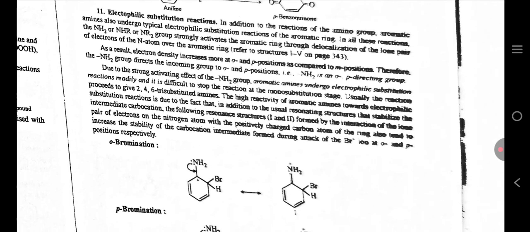Electrophilic substitution reaction. In addition to the reactions of the amino group, aromatic amines also undergo typical electrophilic substitution reactions of the aromatic ring. In all these reactions, the NH2, NHR or NR2 group strongly activates the aromatic ring through delocalization of the lone pair of electrons of the N atom over the aromatic ring, referred to as resonance structures.